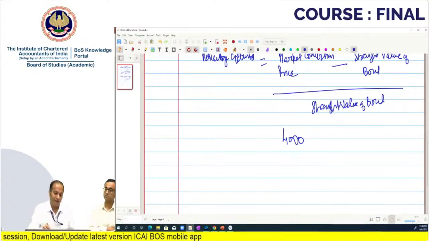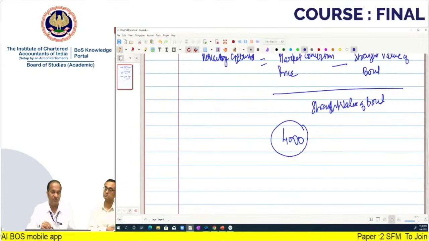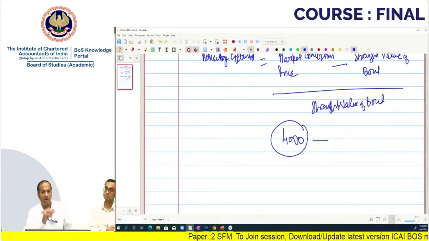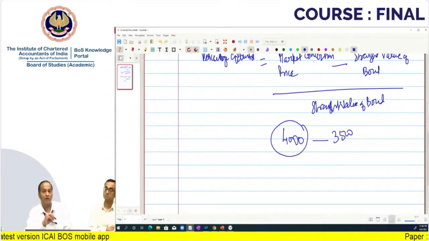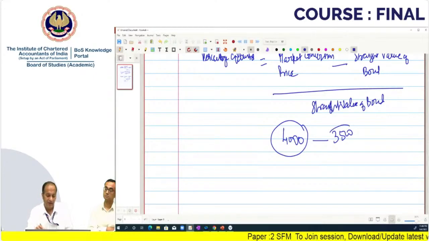So it was the market convertible price of the debenture. Now, if the straight value of the debenture is say 3,500, so what happens below it?